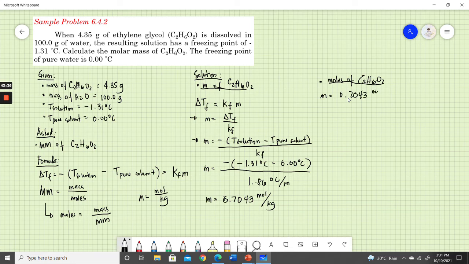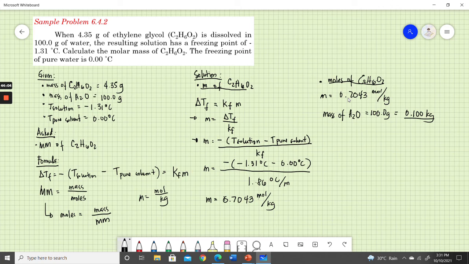Okay, so yung molal concentration natin is 0.7043 moles per kilogram. And yung mass ng solvent natin is 100 grams, which is equals to 0.1 kilograms. Okay, so by multiplying these two, we can get the moles of our solute.